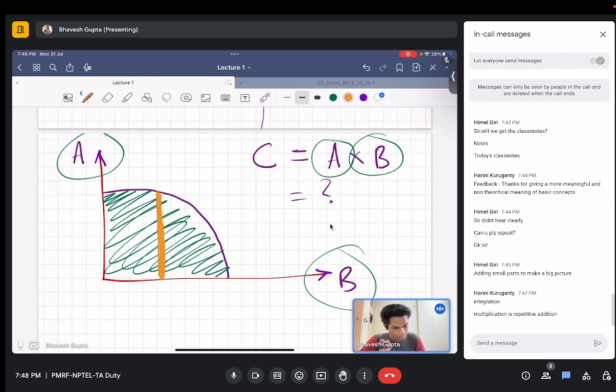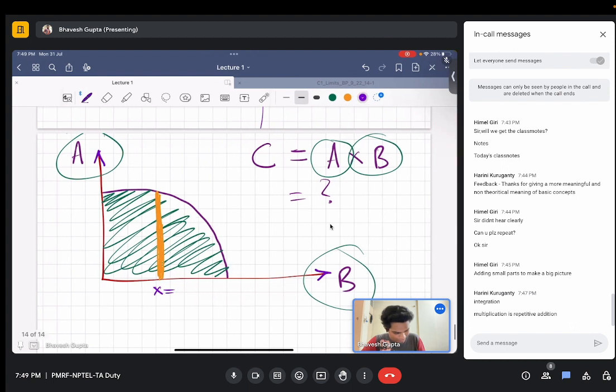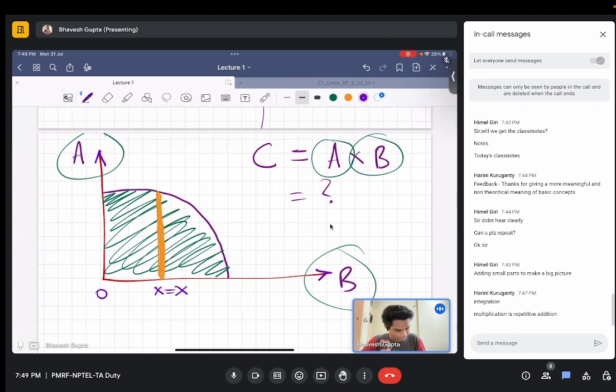So we go to this special point. Let's say we call this x equal to some x, and this graph goes from x equal to 0 to x equal to some small l. Let's say this is a function, y equal to f of x.